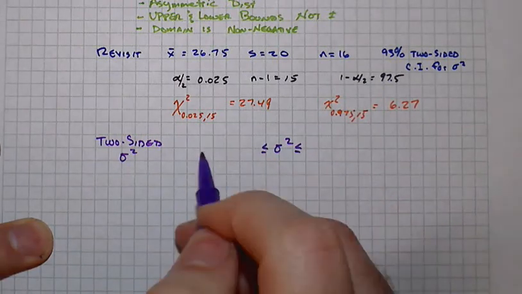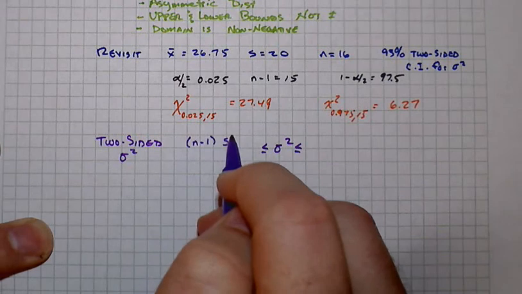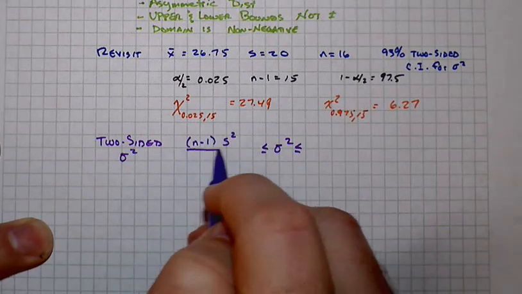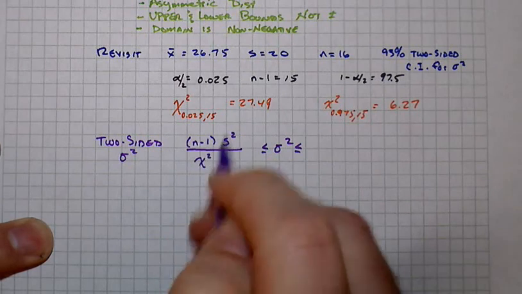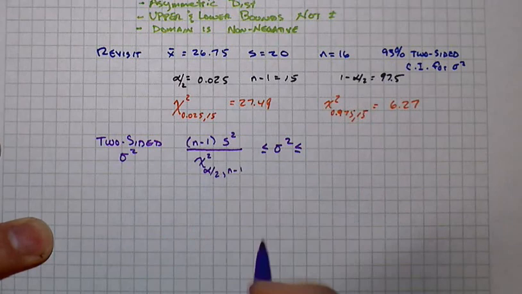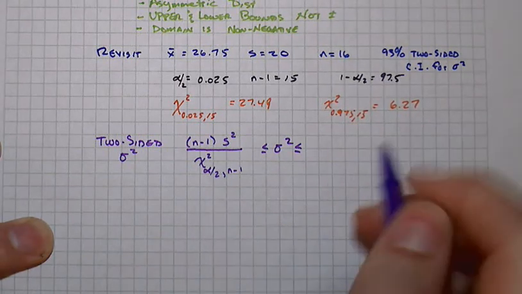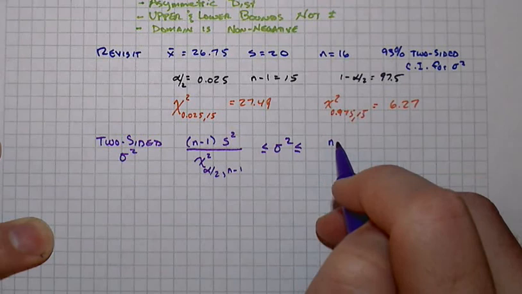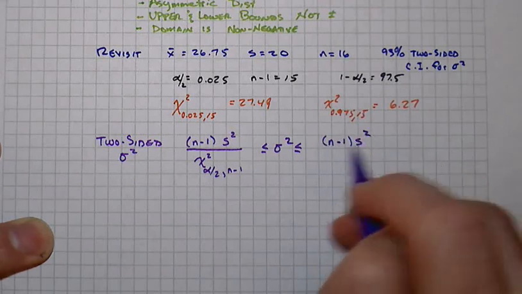We'll have n minus 1 times our sample variance, over chi-squared alpha over 2, n minus 1. Now this looks goofy. This was actually the right tail, which we think of as high numbers, but that's going to go in the lower bound. That'll seem goofy, but once we do this calculation, the goofiness will go away.